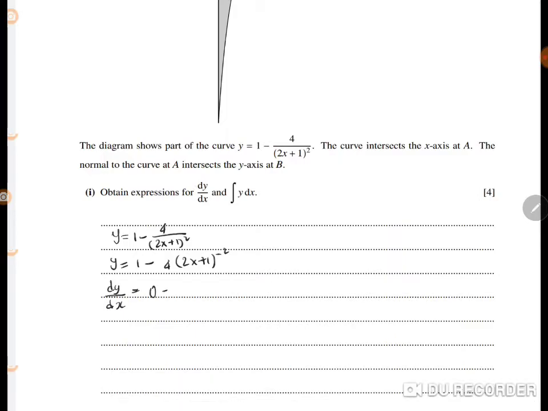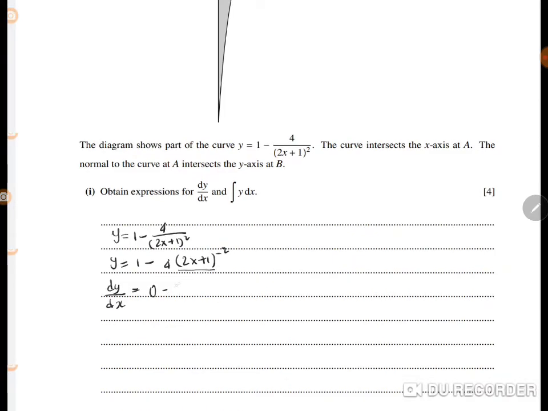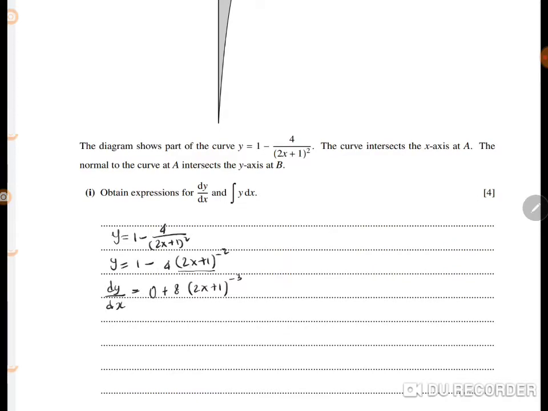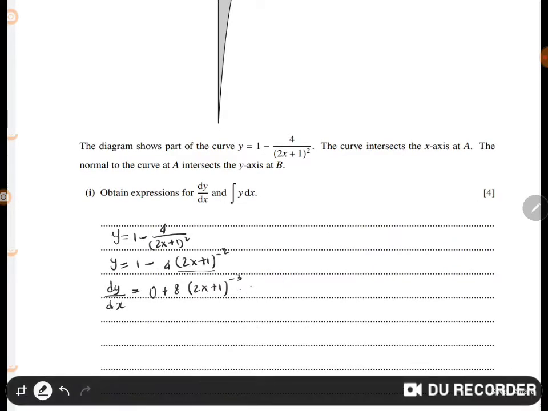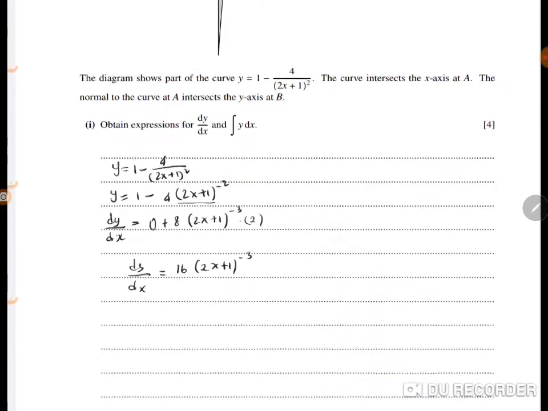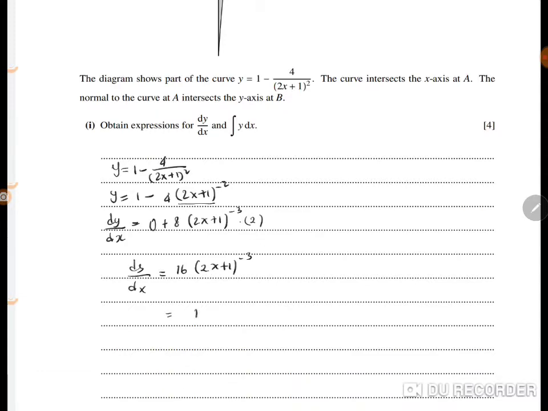The derivative of this term gives positive 8 times (2x plus 1) to the power of negative 3, and then the derivative of the inside gives 2. So dy/dx equals 16 (2x plus 1) to the power of negative 3, or 16 over (2x plus 1) cubed.